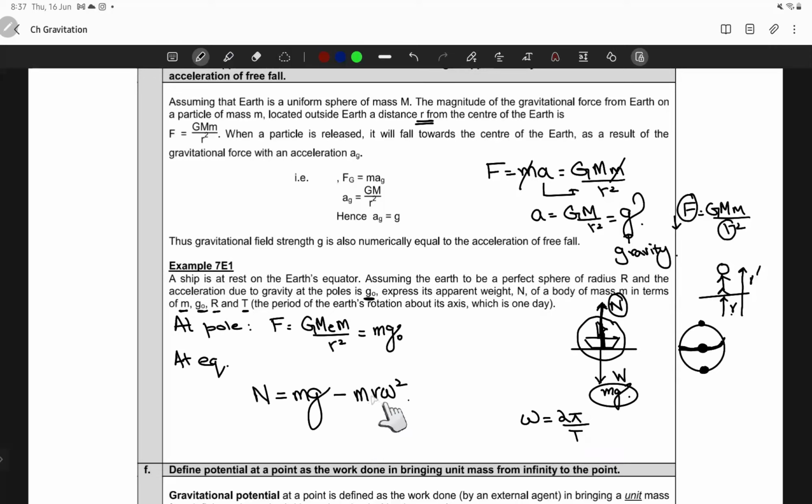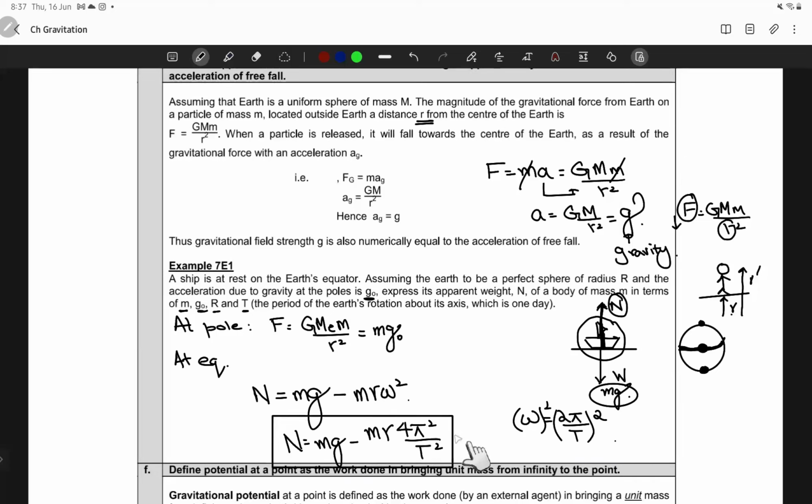You're familiar with this expression now. We looked at it when we were doing circular motion as well. So N is basically the weight mg minus mR 4 pi squared by T squared, right? I just squared this thing. So this is what they were asking you to derive.